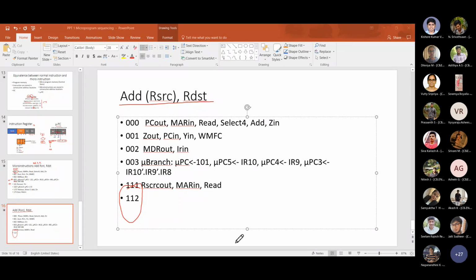So after 112, we branched to 170. You already have the PDF with you, isn't it? Yes, ma'am. Look at the PDF. Address locations are written there. 111, 112, etc. Look at 111. Look at that rectangular box and tell me how you can write the corresponding micro instruction for that.